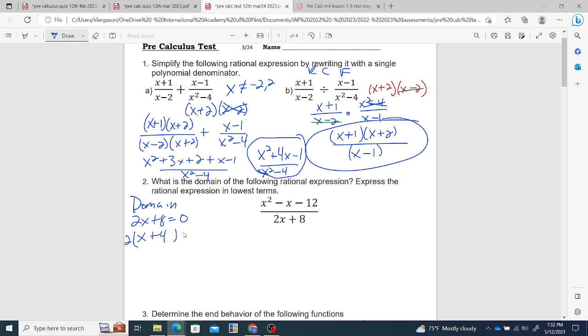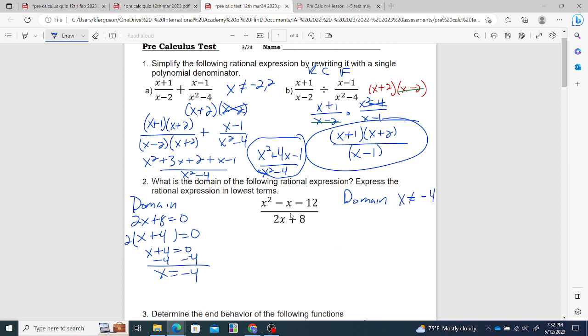Makes you feel better to put that 2 on the outside. You can. So 2 doesn't matter, but x plus 4, how do I get 0? x plus 4 equals 0. Subtract 4 from both sides. x equals negative 4. So my domain, x cannot equal negative 4.